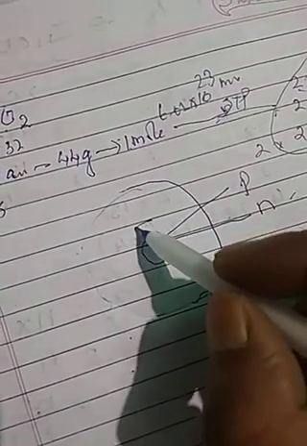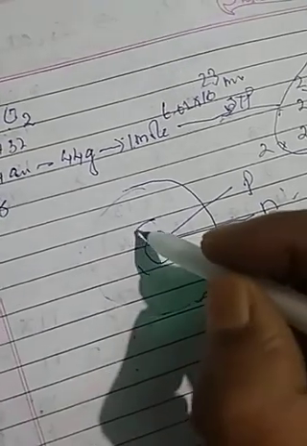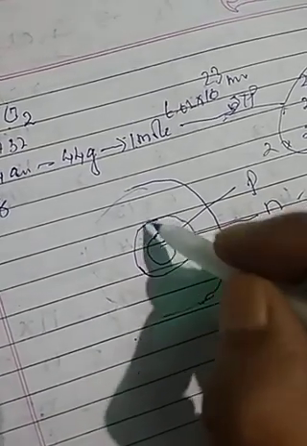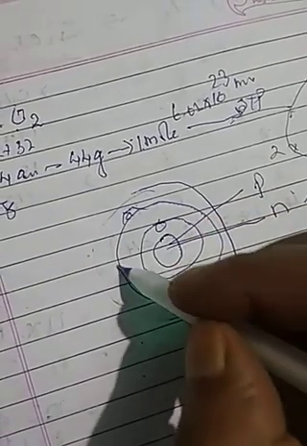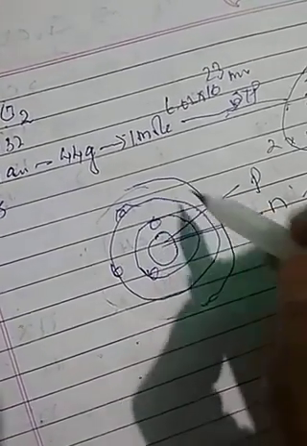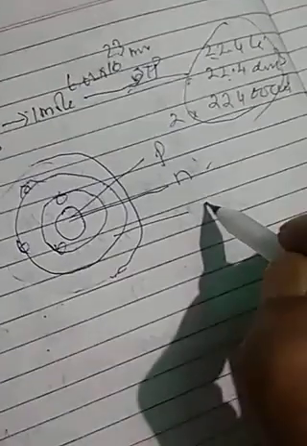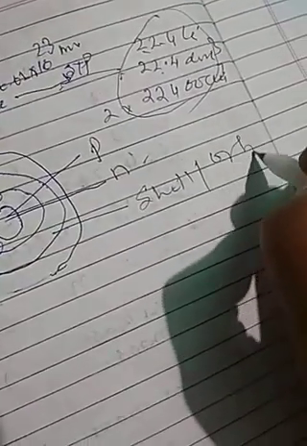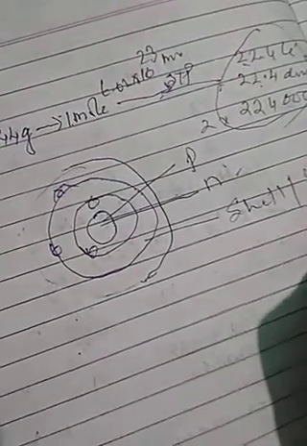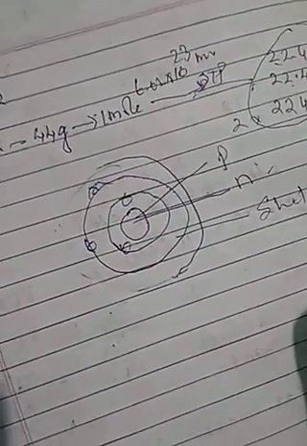Round the nucleus, there are imaginary circular paths in which the electrons revolve. These circular paths are called shell or orbit. It is also called energy level.